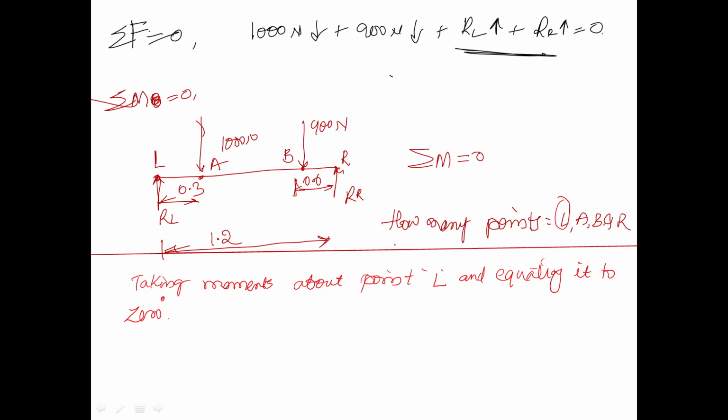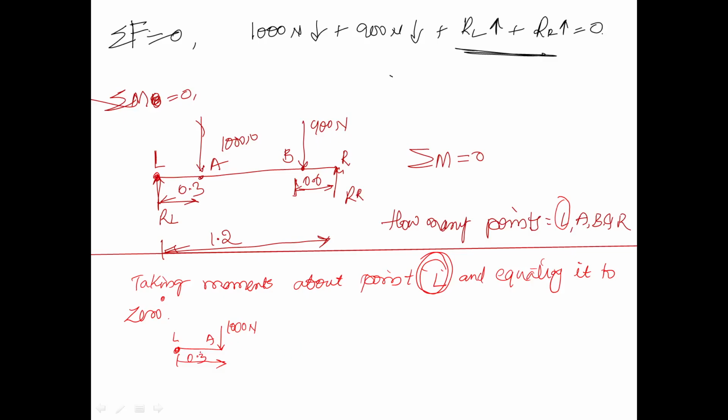Now from which point am I taking moments? I am taking moments about the point L. Let us draw. This is L. So here you got a load at A. Distance is 0.3 meter. It is 1000 Newton.